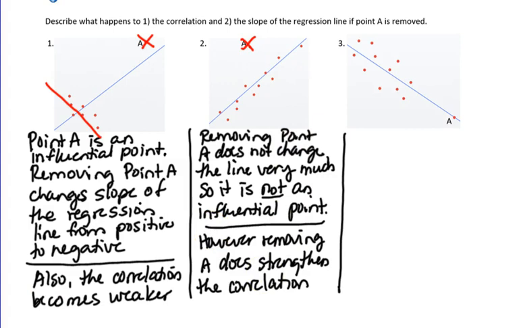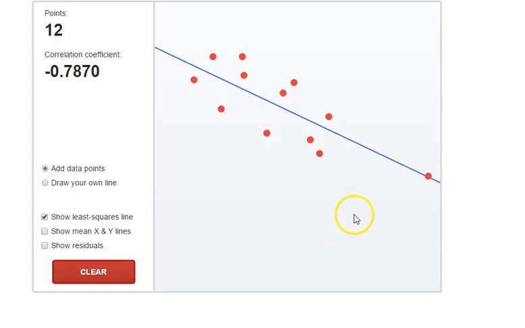Okay, third and last example. We notice here that we do have an outlier. It is far from the mean of x, whereas before, in the middle example, A was close to the mean of x, which is why it didn't have very much influence when we removed it. But this is far from the mean of x, so how much influence is it going to have on the line of best fit?